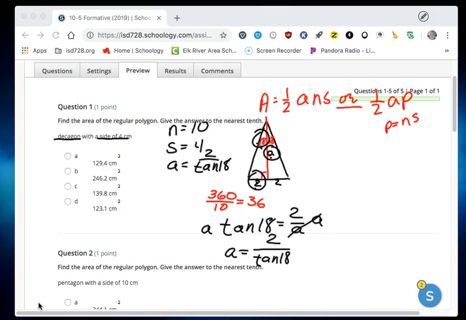And I can pop it into my equation. So I've got that area equals 1/2 ANS, where A is 2 over the tan of 18, N is number of sides 10, and S is my side length, which is 4. Now I should be able to pop this into my calculator.